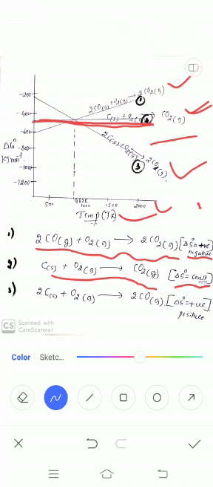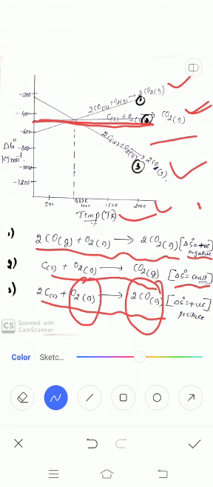In this equation, carbon monoxide gas is on the product side and O2 gas on the left-hand side. 2 moles of carbon monoxide gas, 1 mole of O2 gas. That becomes 2 minus 1, so delta S naught is positive. If delta S naught remains positive, the delta G naught value decreases.